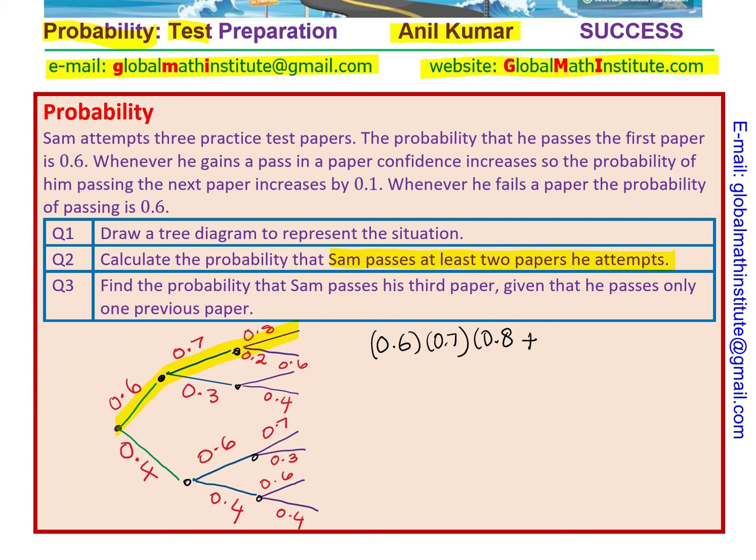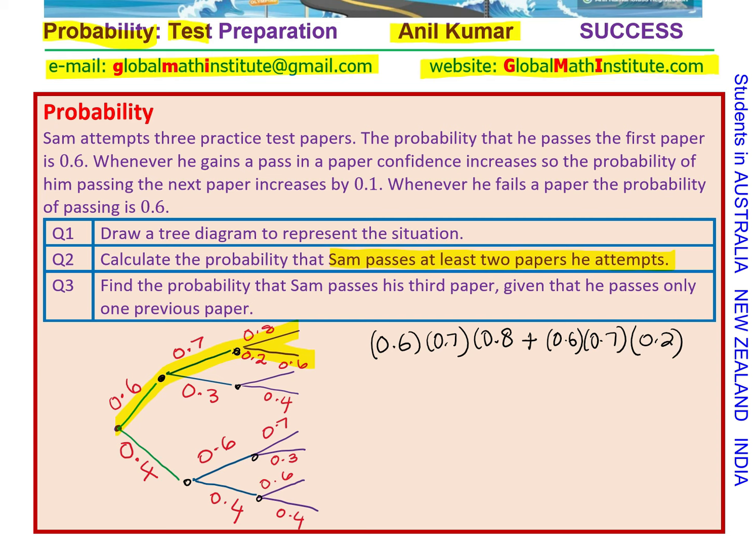Plus what else? At least two means pass, and then pass, and then fail. That will also work, right? So that is 0.6, 0.7 times 0.2, right? The other way could be he could first pass, fail, and then pass, right?